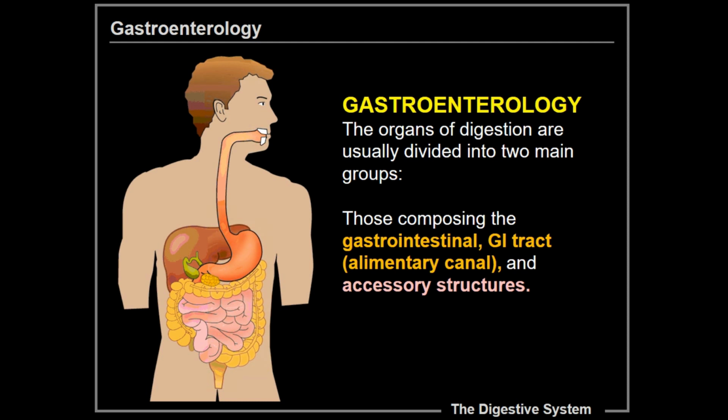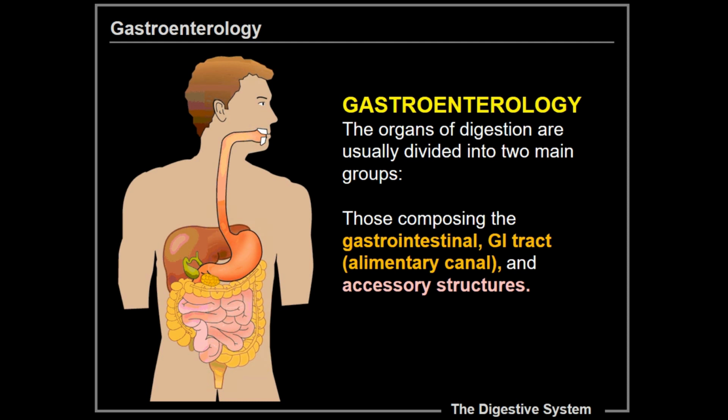These are the organs that make the pathway that food will go through. So these are all hollow organs. These are all areas that food will pass through on its way through your digestive system. If there is an organ that aids in digestion but never contains any food, then it is considered an accessory structure. So that's the difference.